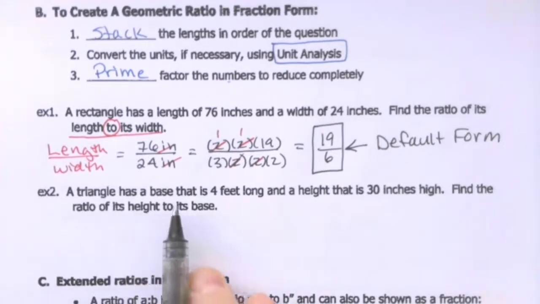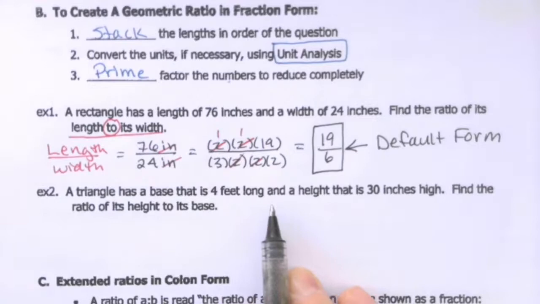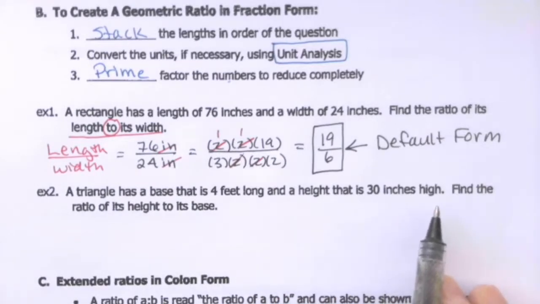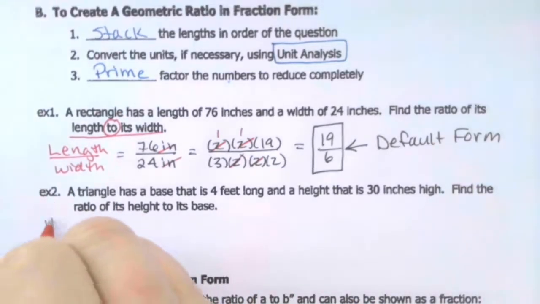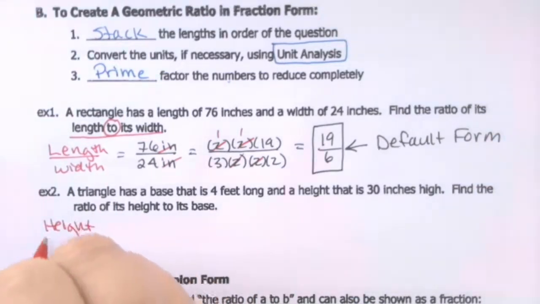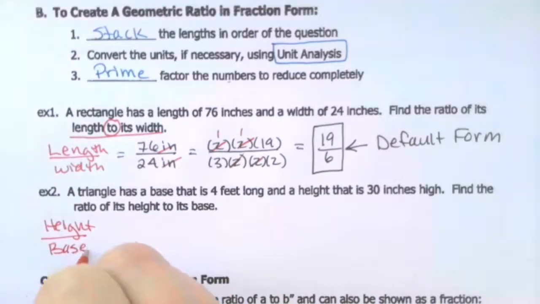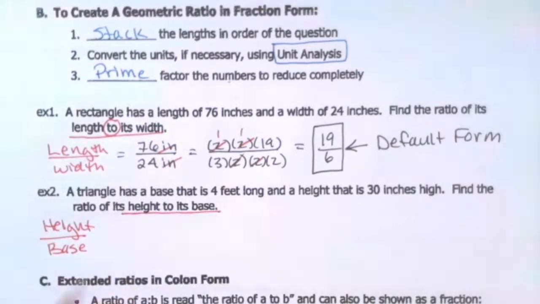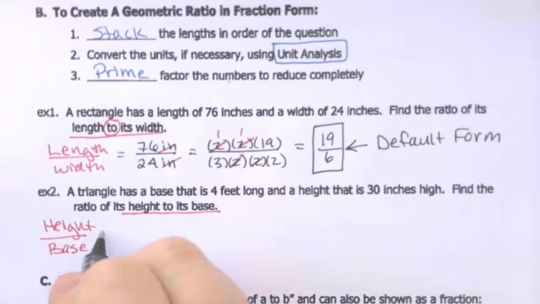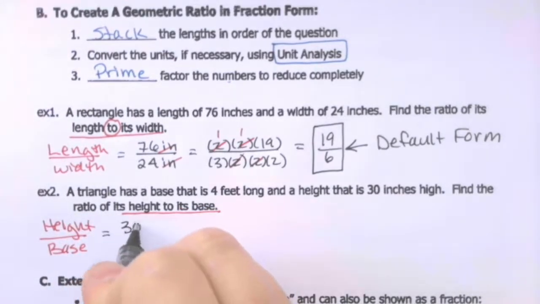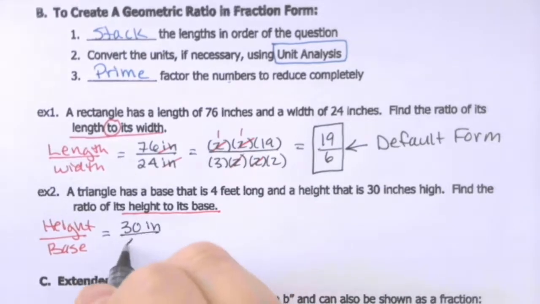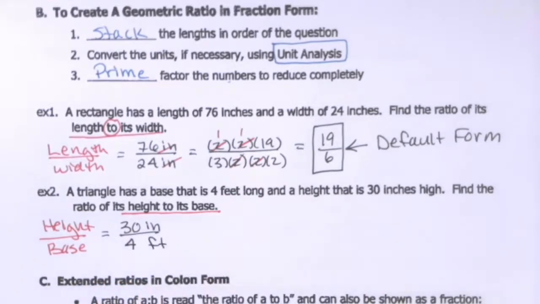A triangle has a base that is 4 feet long and a height that is 30 inches high. Find the ratio of its height to its base. So our ratio is going to be height on the top over base on the bottom because that's what they said goes first. All right, so our height is 30 inches. Our base is 4 feet.